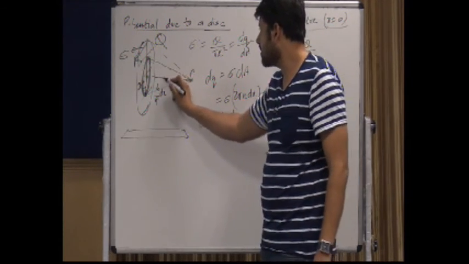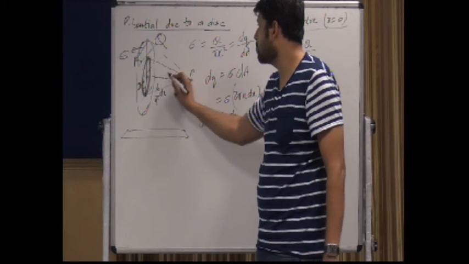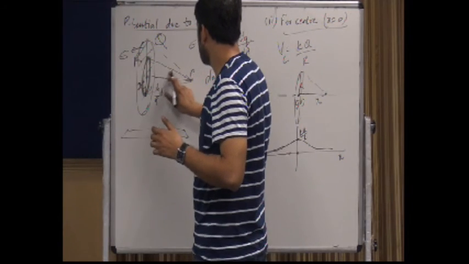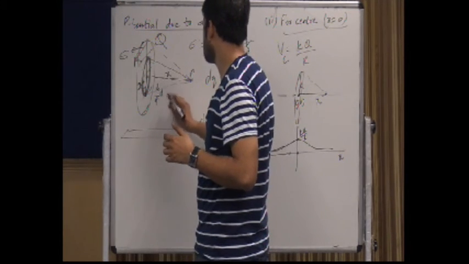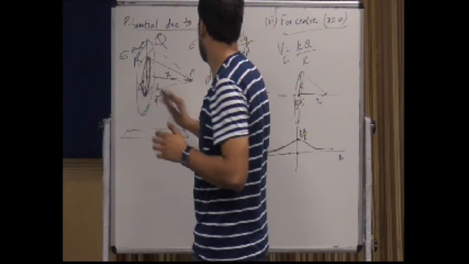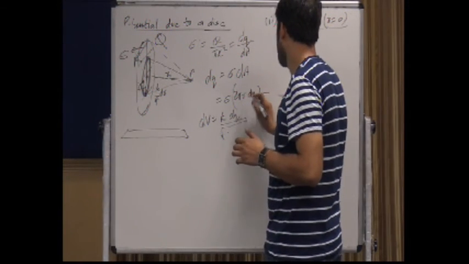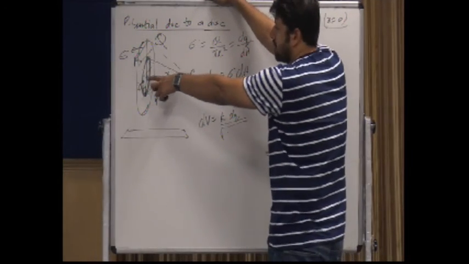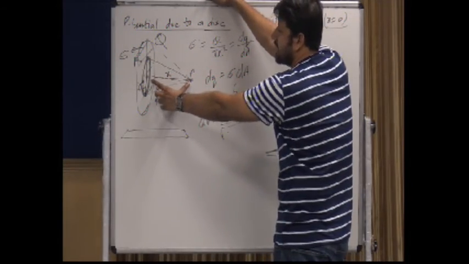Let's call this distance x, and this is r, this is r. See, a little change: in the previous question we took this distance as x.